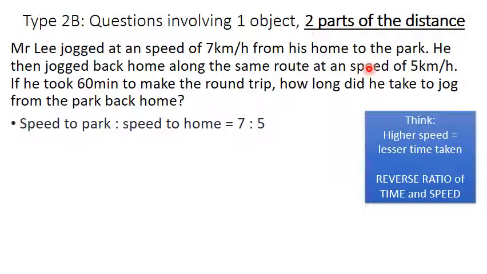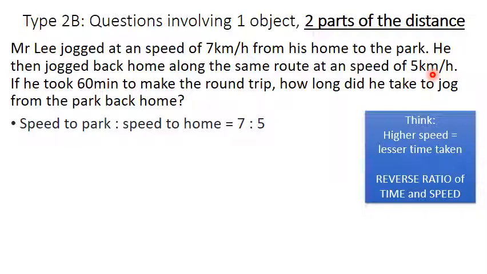So he traveled at a faster speed from the home to park, right? So he will take less time for this part of the journey compared to when he comes back home. He comes back home from the park to home at a slower speed. So slower speed meaning he has to spend a longer time along the same route.